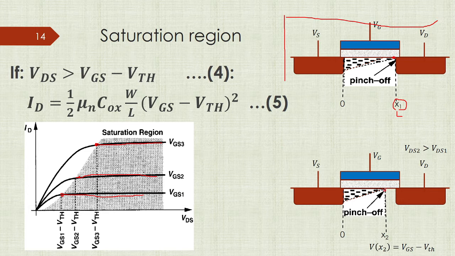So here it is finishing earlier, and this variation of the length, delta L, should be proportional to the voltage that we increase between VDS. Well, not exactly delta L, but delta L over L.